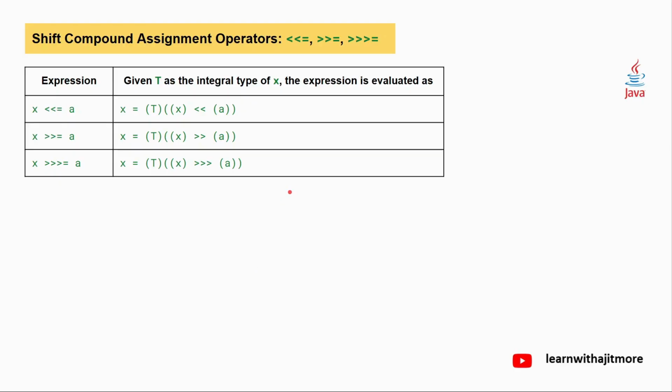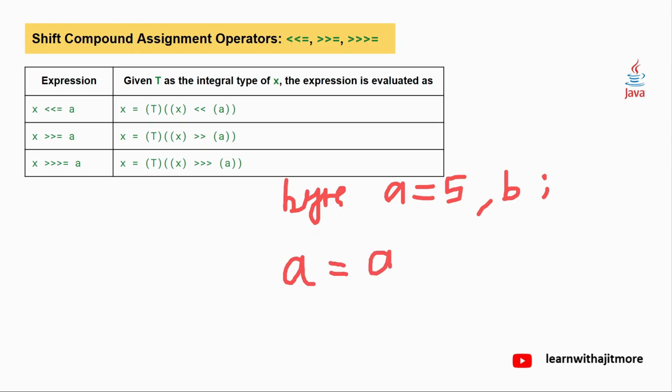Getting? Like if you're having byte A as 5, suppose guys. Okay. And there is another variable B, or A only if you take, not necessarily B. I'm saying A is equal to A right shift 2 times.